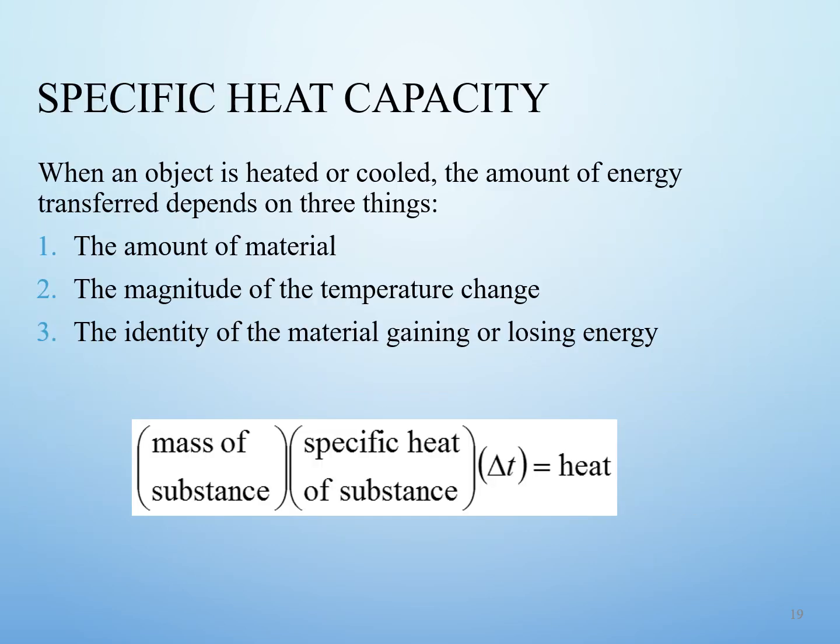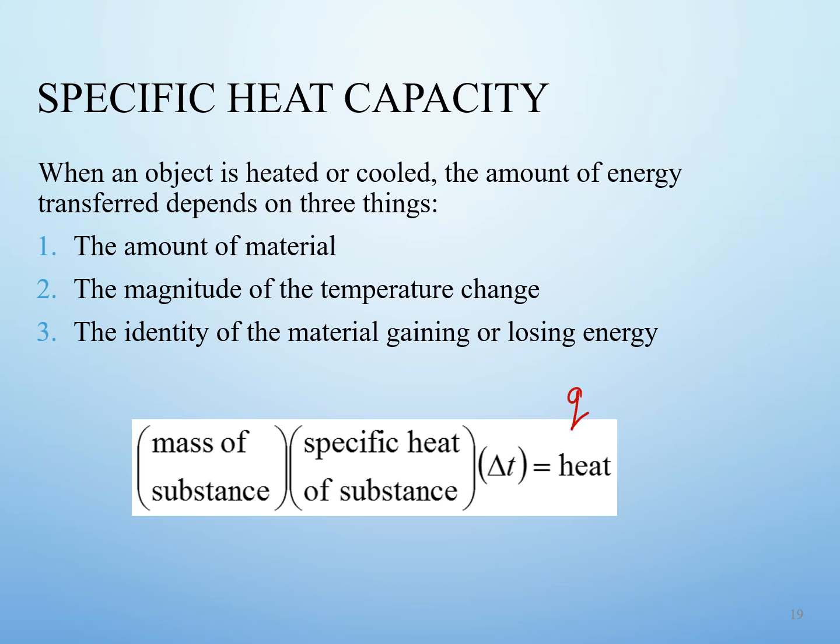So specific heat capacity is right here. When we use it to calculate energy, we want to talk about heat. Heat equals the amount of substance, the mass of it, times the specific heat capacity, times the change in the temperature. This little delta sign indicates the change. It means final temperature minus initial temperature. So I'm going to give you some symbols to remember.